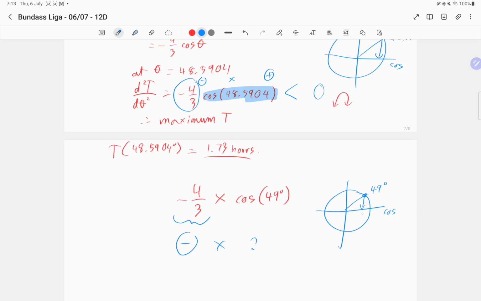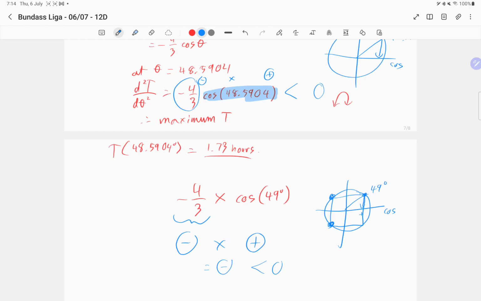And this is positive. If the angle were here, this would be a negative cos value. Remember the unit circle and the symmetry points, these two points would have negative cos. So that's why cos 49 will be positive. So negative times positive equals negative, and that will be less than 0.